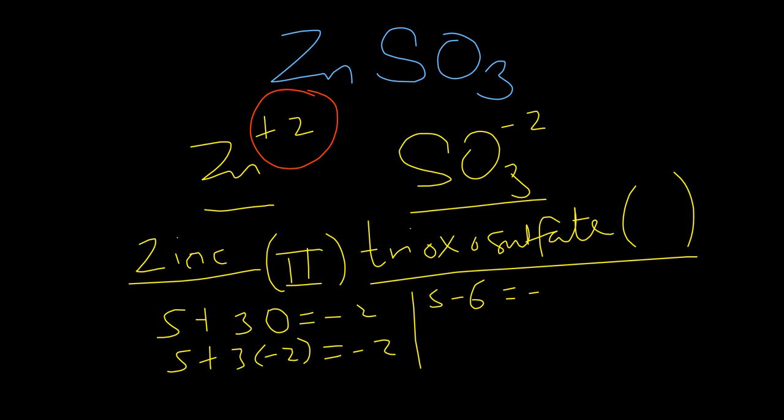So the sulfur equals -2 plus 6, which equals +4. So +4 in Roman numeral will be IV. So the name of this compound will be zinc(II) trioxosulfate(IV). Let's move on to, I believe, the final example.